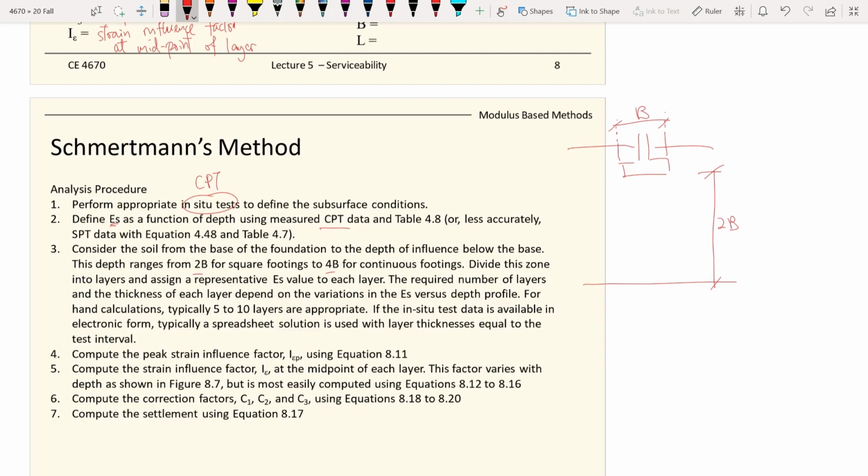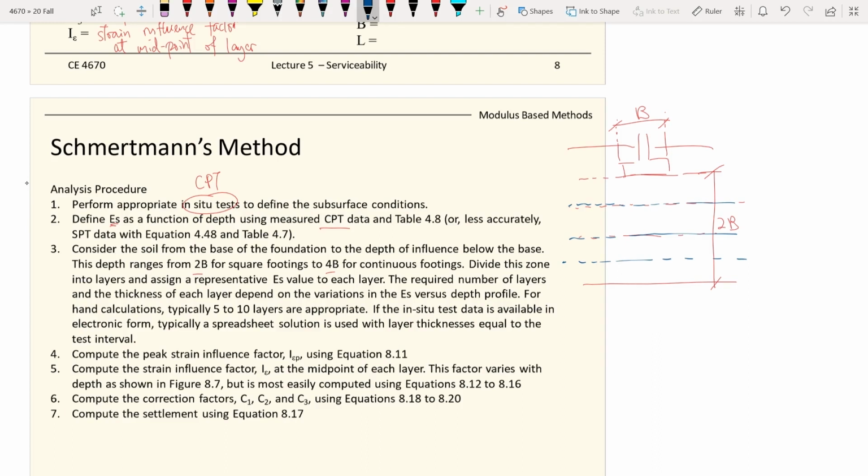So what it means now, for example in hand calculations, is that you need to subdivide your soil profile into different layers, and so on and so forth. And for each layer you need to compute all the parameters that you need.